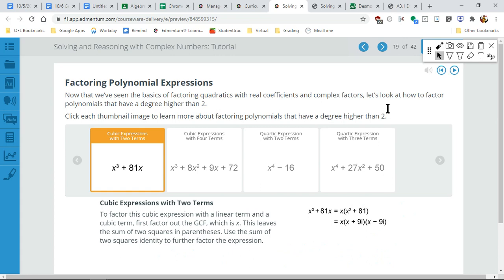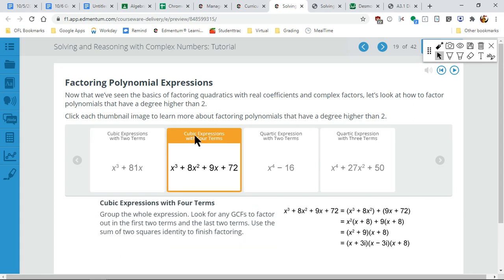Now, let's say we wanted to do it with something like this. Well, this we can do by grouping. This is a cubic with 4 terms. If we want to do this, we're going to group these two together. We can factor out an x squared. We group these two together. We can factor out a 9.